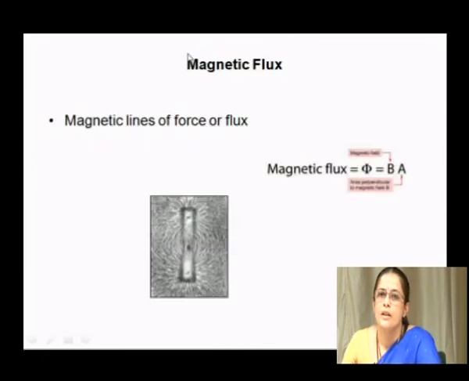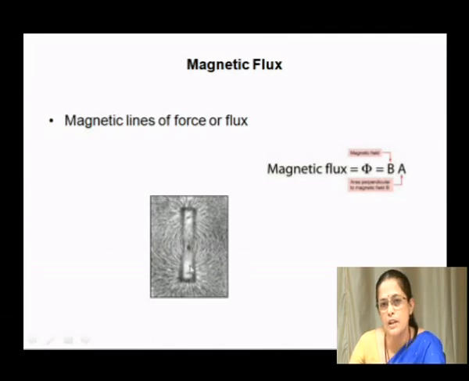Now, the magnetic flux is also called magnetic lines of force. Why is it called magnetic lines of force? Let us consider a simple experiment. Take a sheet of paper and place a bar magnet on it. Sprinkle some iron filings near the bar magnet and lightly tap the piece of paper.